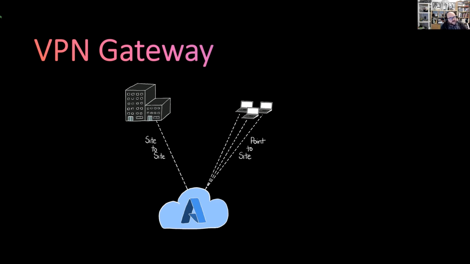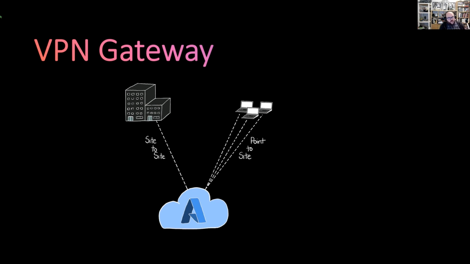So anybody that is sat within the corporate network of that office can access Azure without having to jump through any more hoops. They can just walk into the office, plug their laptop into the Wi-Fi or an Ethernet cable, and they have access to the resources they need.